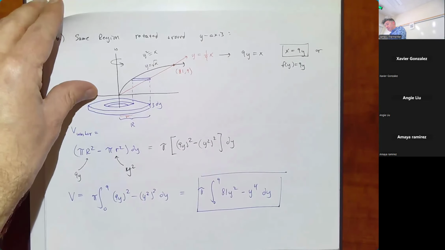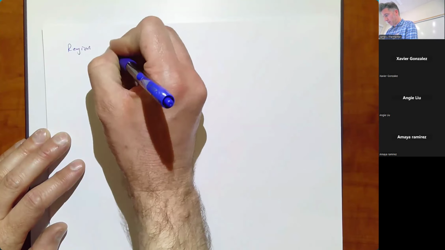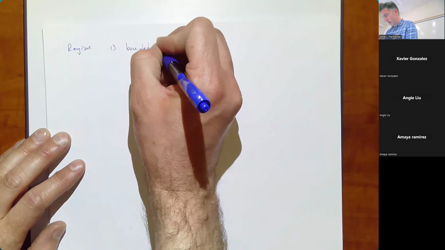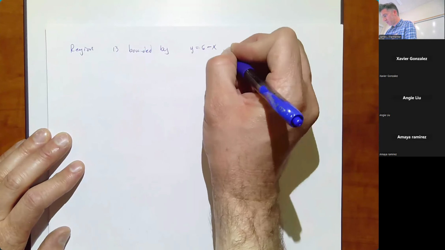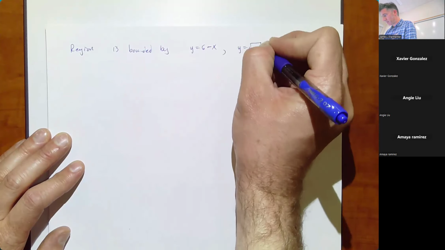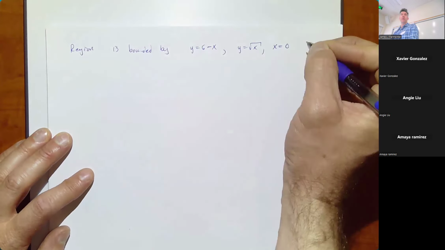So our region, once again, is bounded by y equal to 6 minus x, y equal to the square root of x, and the y-axis, which is the line x equal to 0.